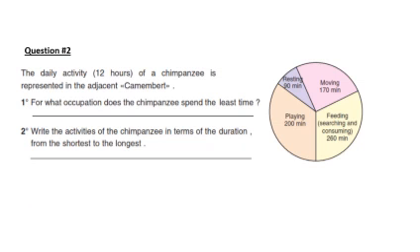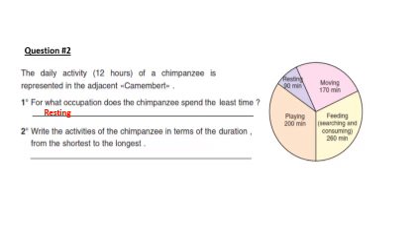In question number 2, we also have a circular diagram that represents the daily activity of a chimpanzee. The first question is, for what occupation does the chimpanzee spend the least time? It's very obvious and clear, you can pick directly, that resting shows the least time spent, which is 90 minutes.